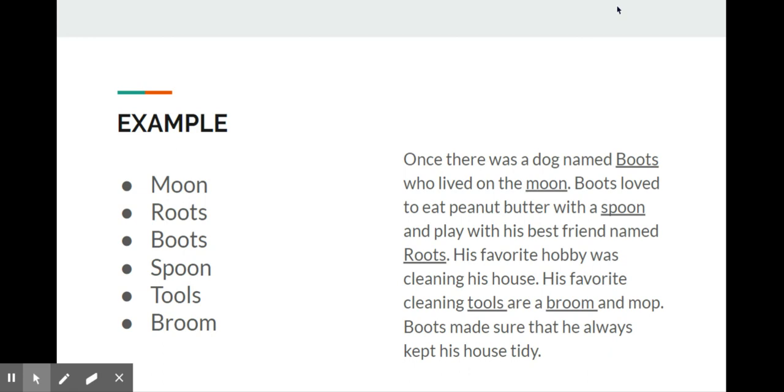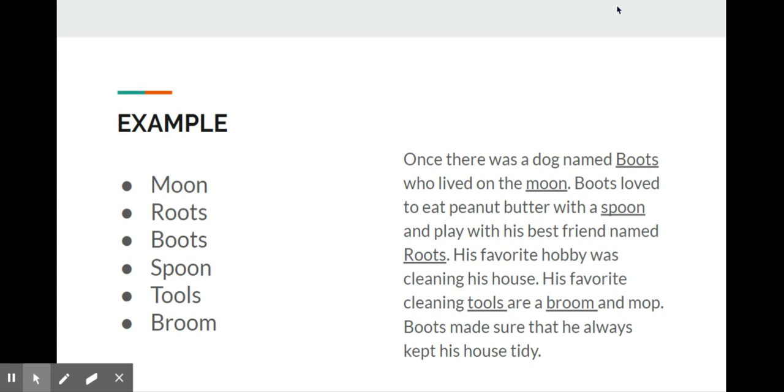All of my sentences have capital letters, and make sure that when you have a proper noun, that you capitalize it as well. So Boots, the name Boots is a proper noun. It is the name of a dog, so we have to capitalize it. Boots' best friend Roots is also a character, so he has a name, so that also has to be capitalized.